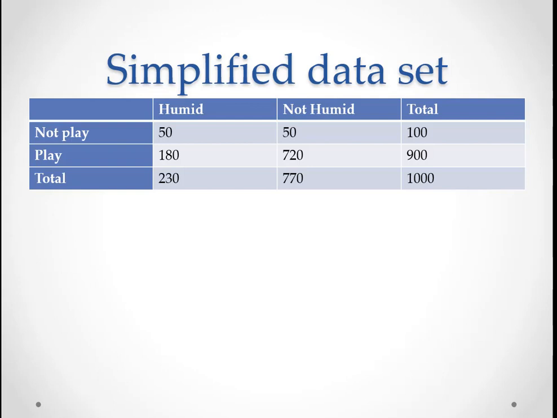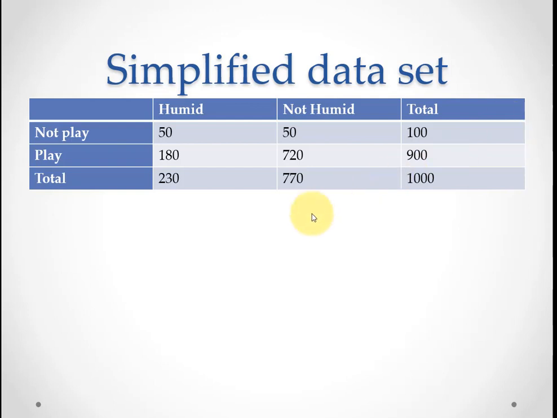So we don't consider humidity. If we just consider the majority class between play and not play, there were 100 not plays and 900 plays. So in that case, we would predict that someone plays. So for any new instance, we would say they're going to play. That would be 0R, or we also call that the naive rule.